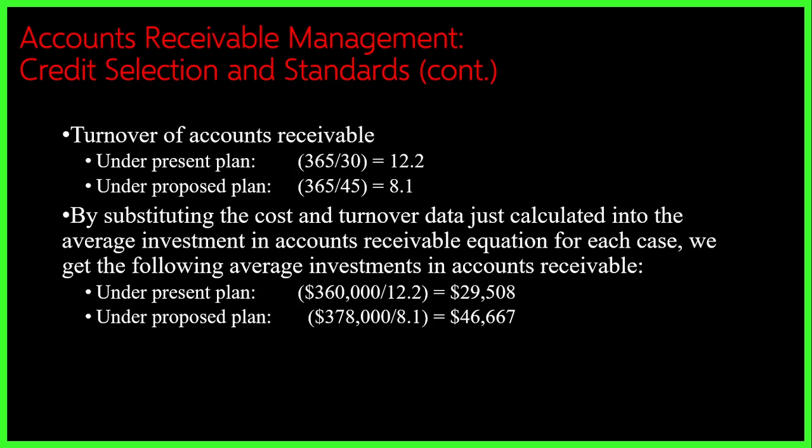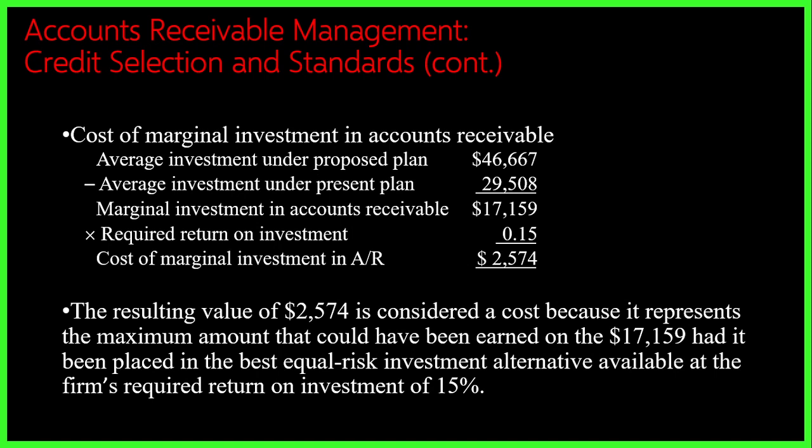Now, your average accounts receivable is 29,000 and 46,000. You get the difference. Okay, that's the increase in accounts receivable times your opportunity cost, which is 15%. That's now the cost of marginal investment in AR.